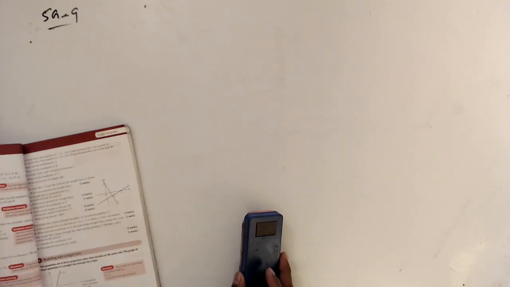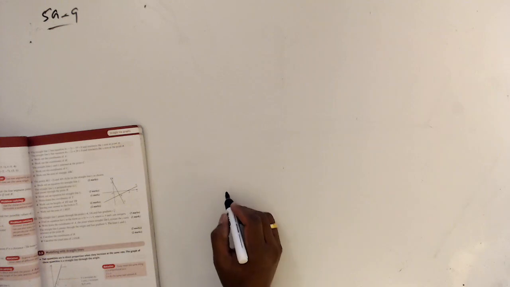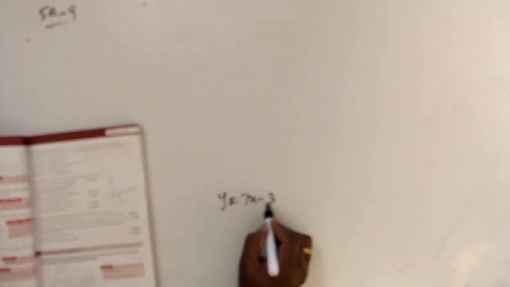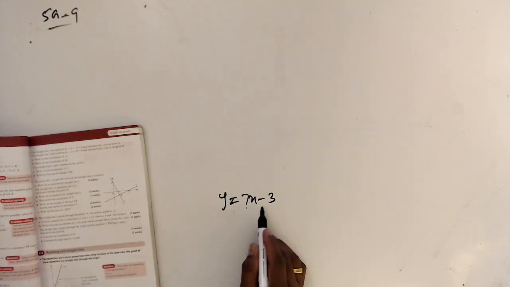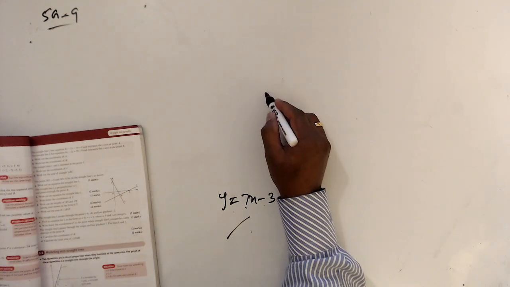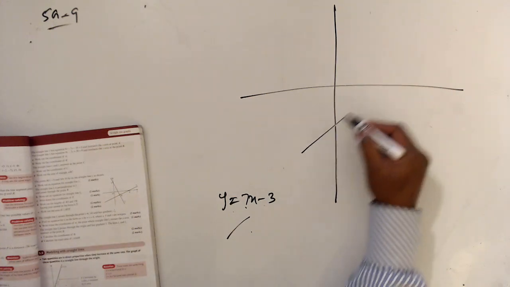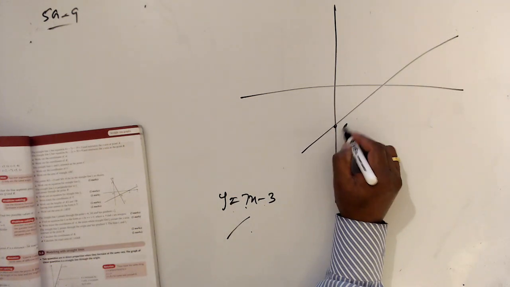Question number 9. When I read this question, I can see that they will ask about the area. Then I thought, okay, better to draw a proper picture. So y equals 7x minus 3. 7 is a positive gradient and minus 3, this kind of equation.